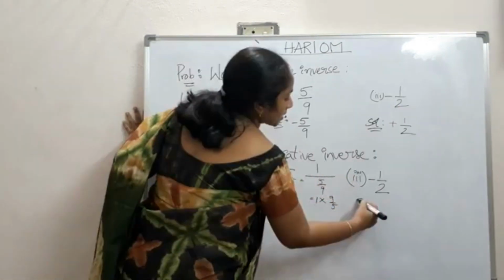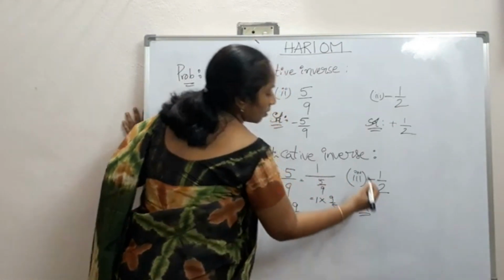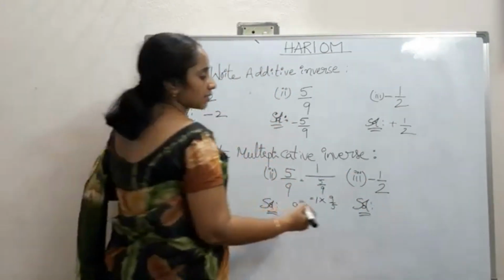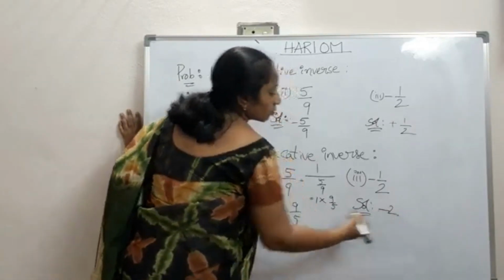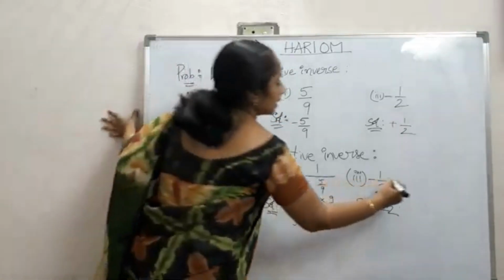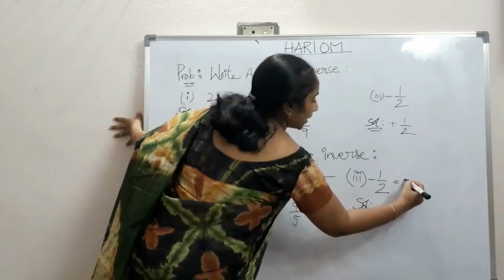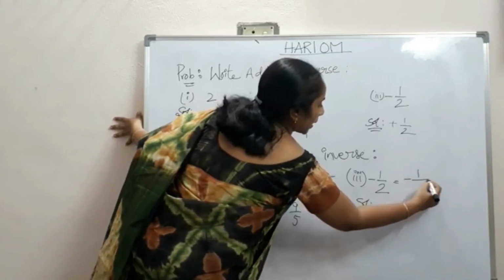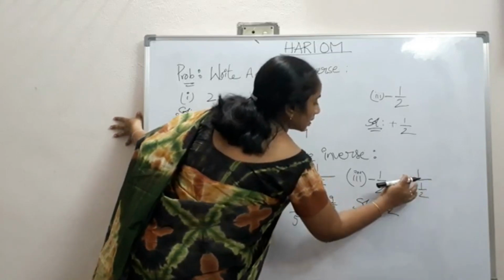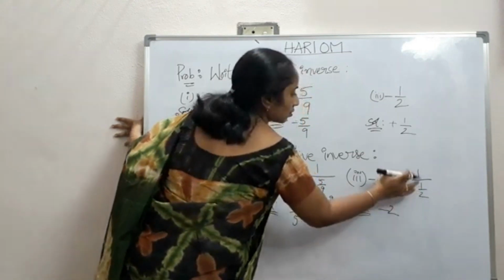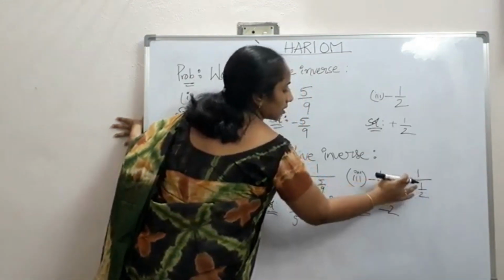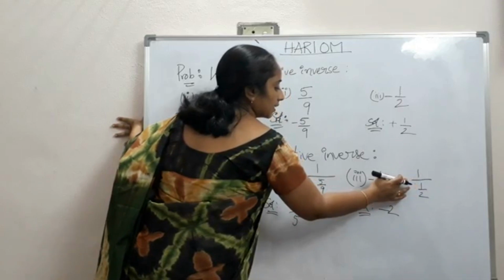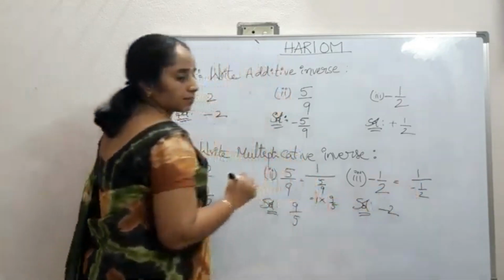Next it is minus 1 by 2. What is its multiplicative inverse? Minus 2. Why? Because it is minus 1 by 1 by 2. That means this minus carries to the entire fraction, so we can take it either here or here, whatever it may be.